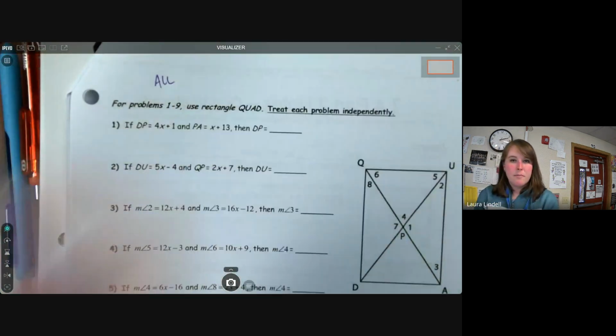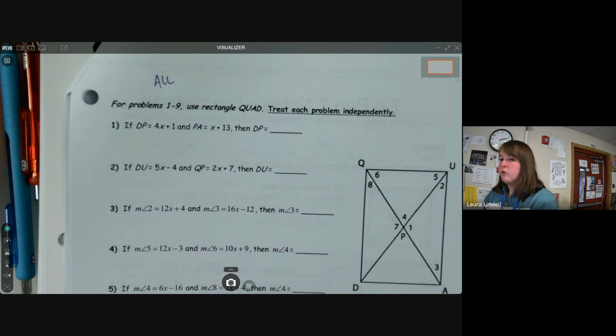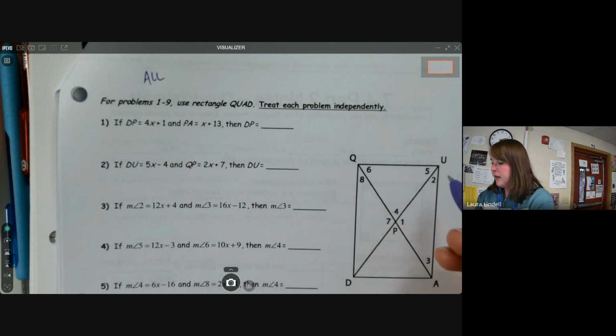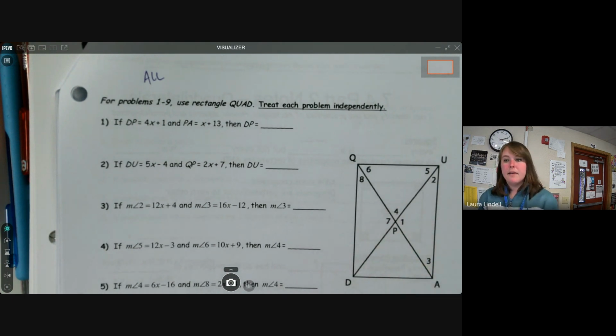And I like this one a little better because there's a lot of room to show your work. So that's why I'm doing more of these and a little bit less of the ones on the other page. For this one, you're using this rectangle. And it should be similar to the ones on the previous page and similar to the ones that we had in our notes as well. So don't forget to look back at your notes.